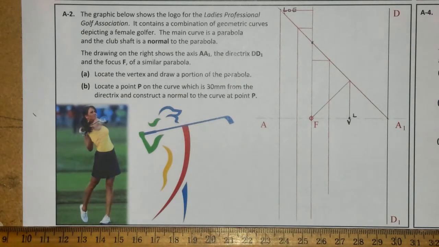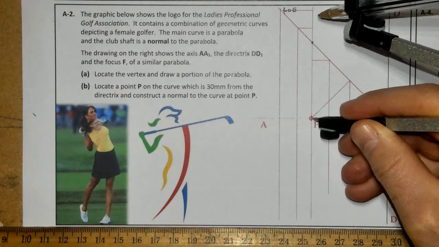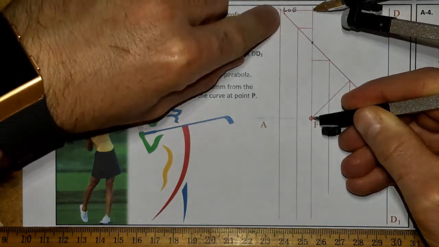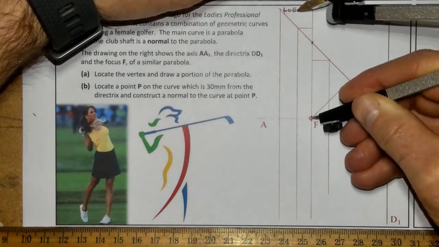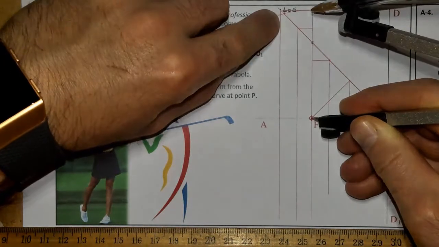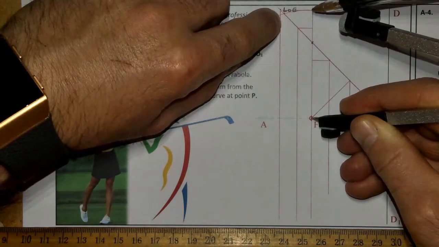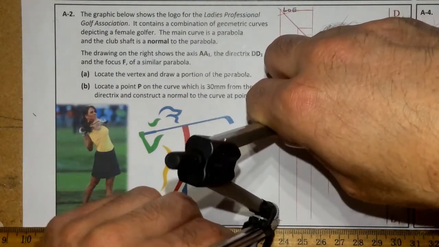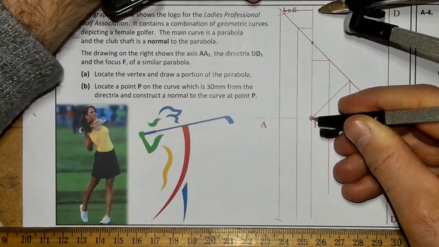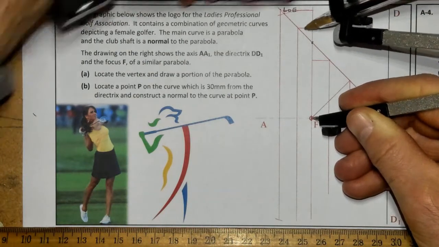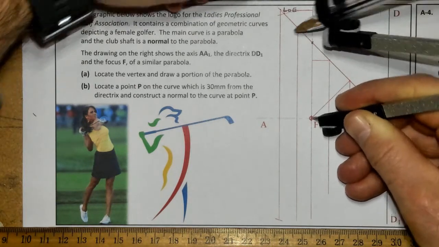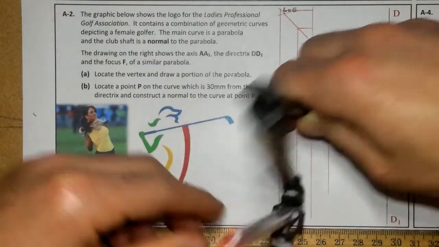Now to locate points on the parabolic curve, I'm going to put my compass point on my focus, and go up here to the top one, to where this line projected across. I'm going to swing an arc like that. That there will locate a point on my parabolic curve. Where it is up here on the top half, I can also locate it on the bottom half. So same method. Where I projected that line across onto my focal line, swing an arc, find it below.